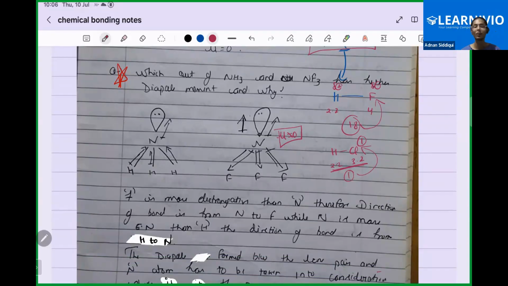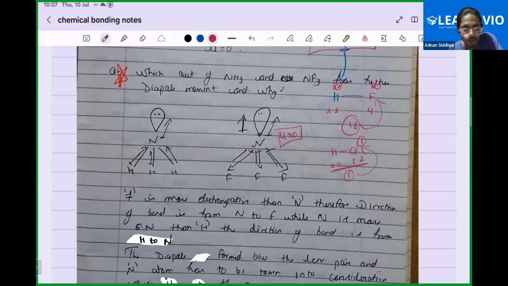What is the reason behind the dipole moment? Can you tell me what is the main reason why the electron cloud is shifting in the first place? What was the reason? Electronegativity.